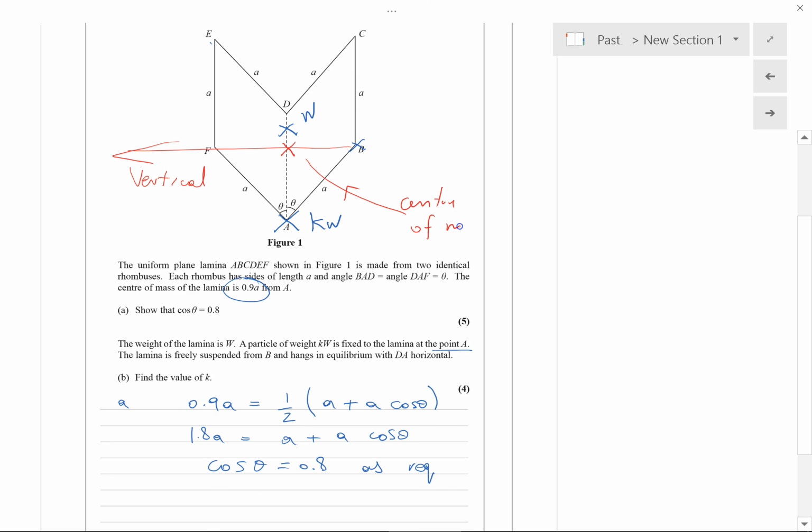Okay, the centre of mass is there, because the vertical line has to pass through the centre of mass of the system. So what we need is this distance here and this distance here. Well, this distance here is pretty easy. That is going to be equal to just a cos theta.